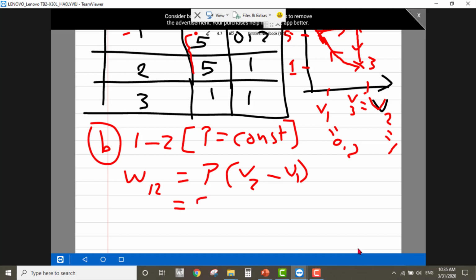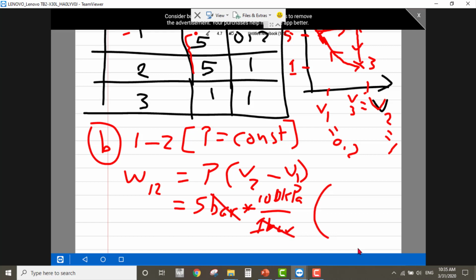So this is 5 bar, and we need to convert it because it's mentioned to find work in kilojoule. So this is multiplied by, every 1 bar gives us 100 kilopascal.